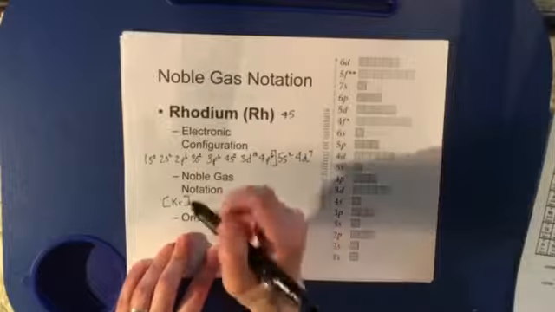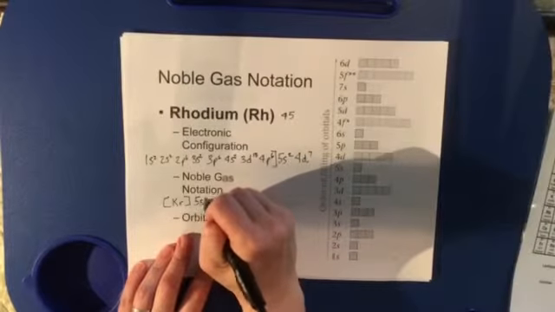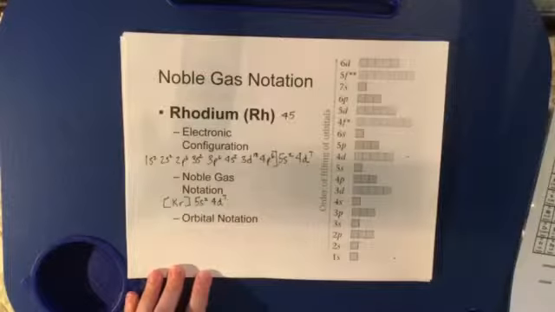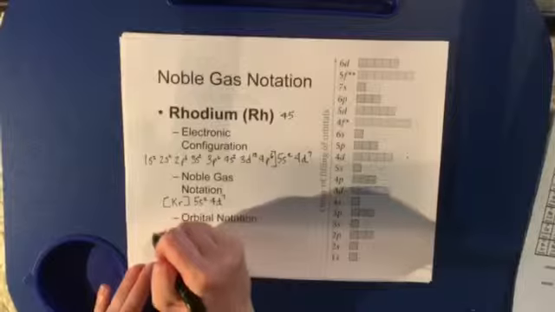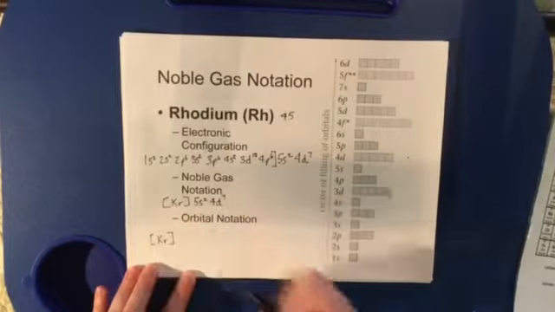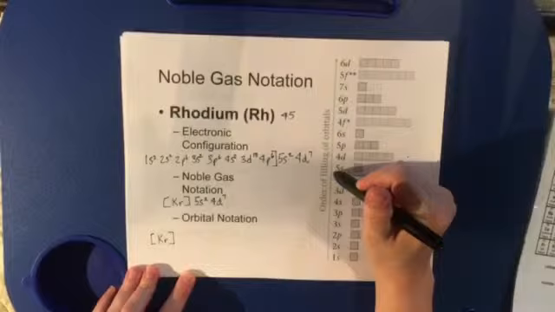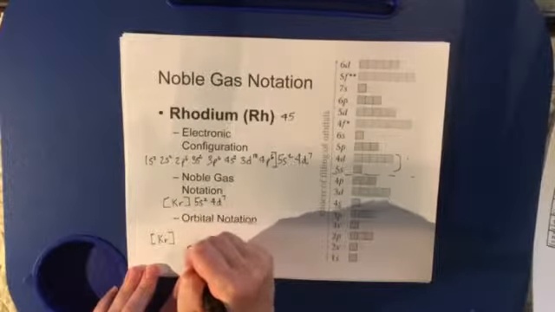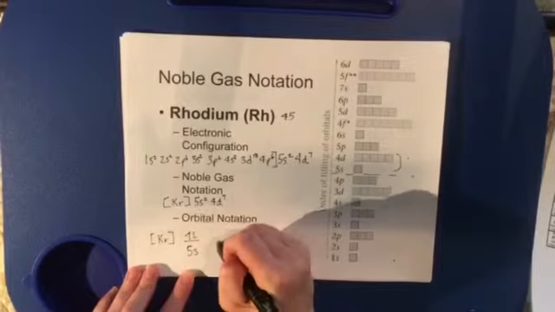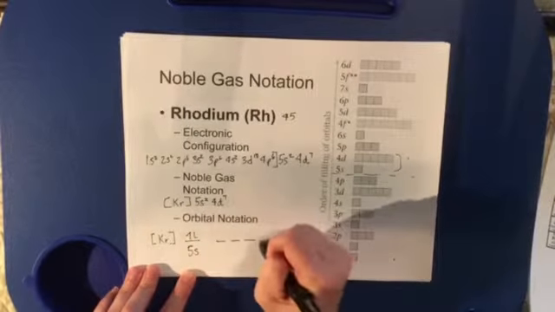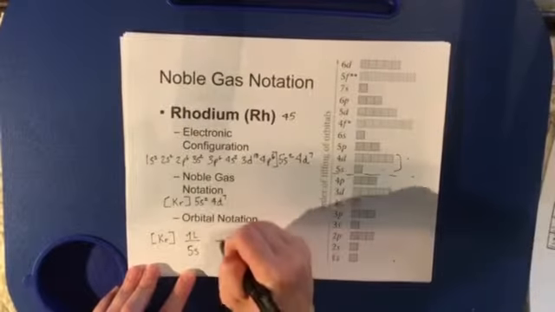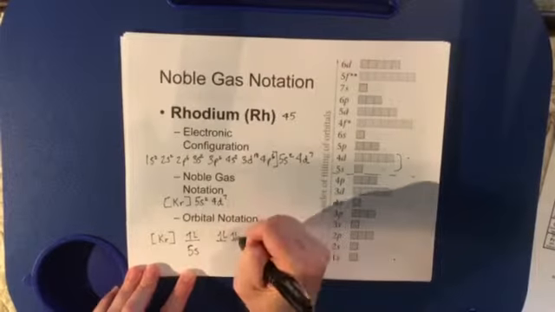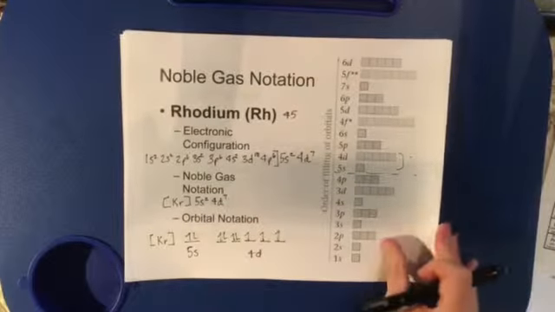So everything krypton has, and then 5s2, 4d7, like that. Then when we do our orbital notation, say it has everything krypton has. So krypton goes all the way up to here, and then we only have to do that. So then it has 5s2, and then 4d, 1, 2, 3, 4, 5, 6, 7. So much easier.